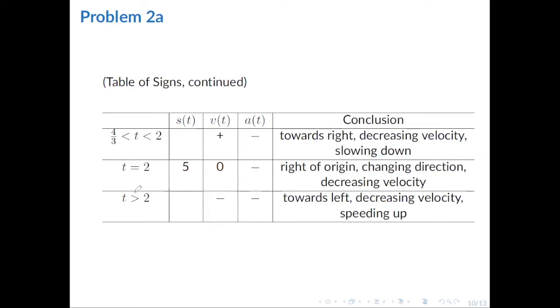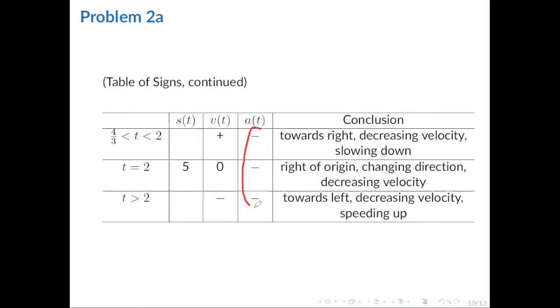So for this one, t equals 2, we have here s of t of 5, v of t of 0, and a negative value for a of t. That means it's to the right of the origin at t equals 2, changing direction and decreasing in velocity.